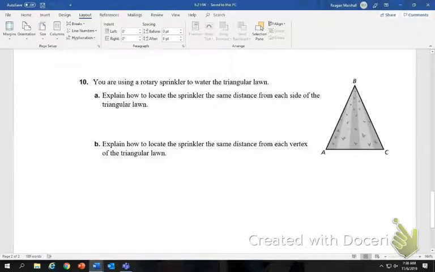I'll explain. You are using a rotary sprinkler to water the triangular garden. Rotary means it rotates, if you can tell by the root word. Explain how to locate the sprinkler the same distance from each side of the triangular garden. So you want it the same distance from each side. That would be an incenter.